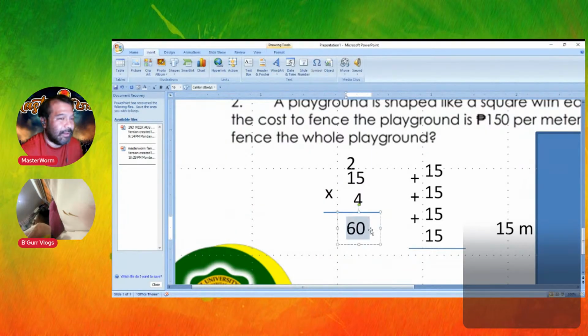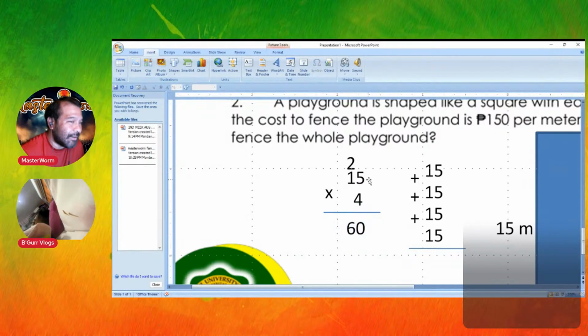60. And this is the same as adding. So it means here, 15 times 4, you will be adding 15 4 times, because this is the multiplication sign.